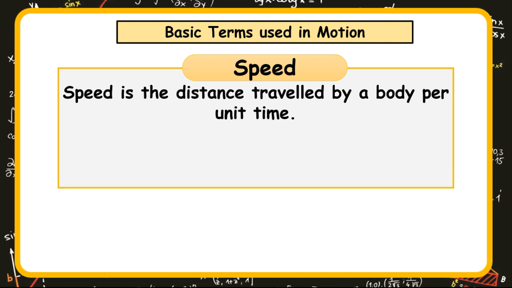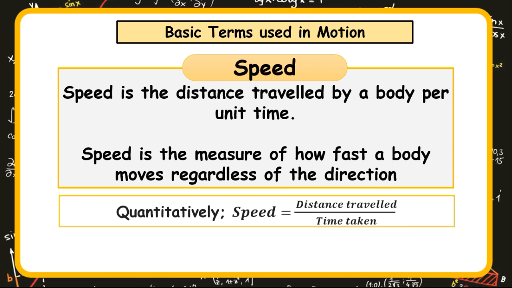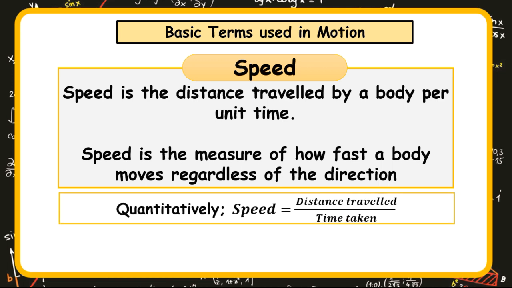Thus, the distance traveled over the time taken. Technically, you could also define speed as how fast the body moves, irrespective or regardless of the direction. So let's use this illustration to enhance our understanding deeper.